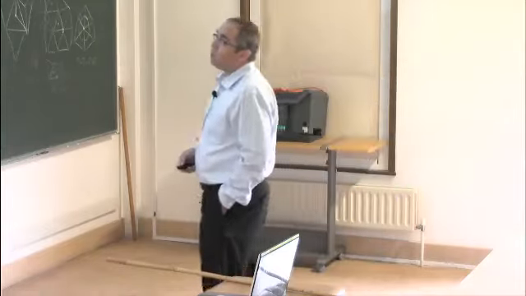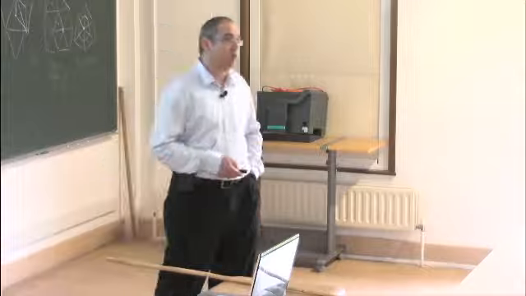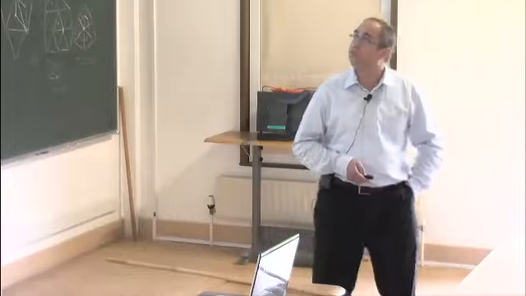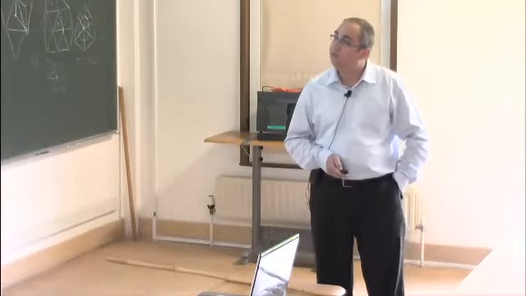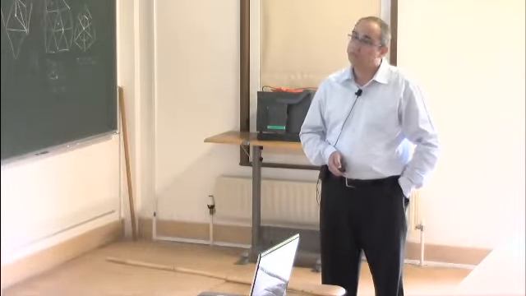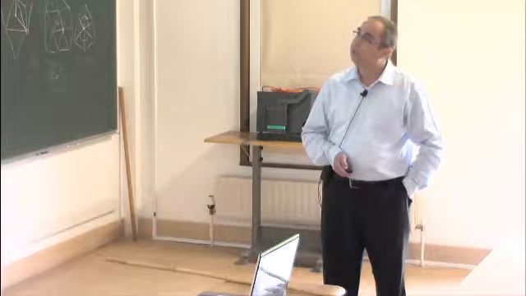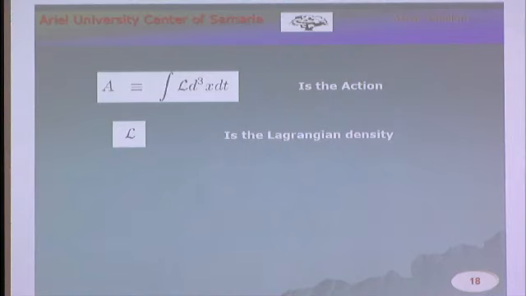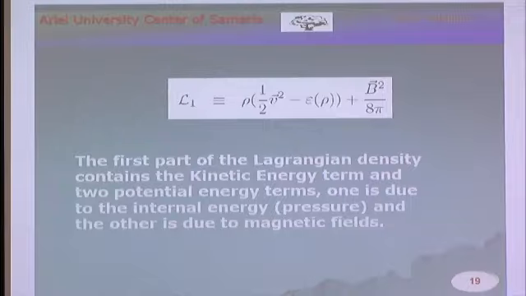Now, let us look at the variational principle, which I am going to suggest, given in terms of this Lagrangian density. The action is, of course, the integral over space and time of the Lagrangian density.